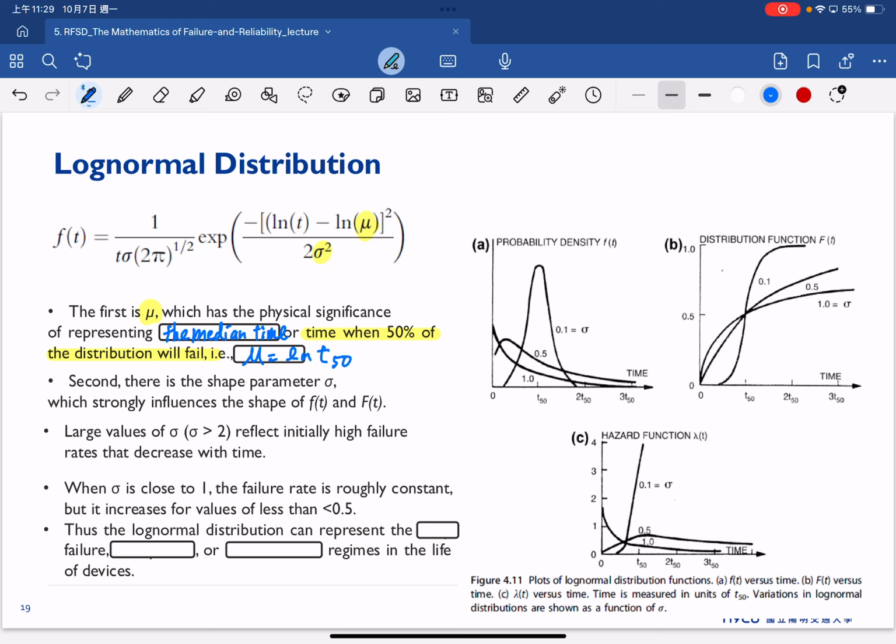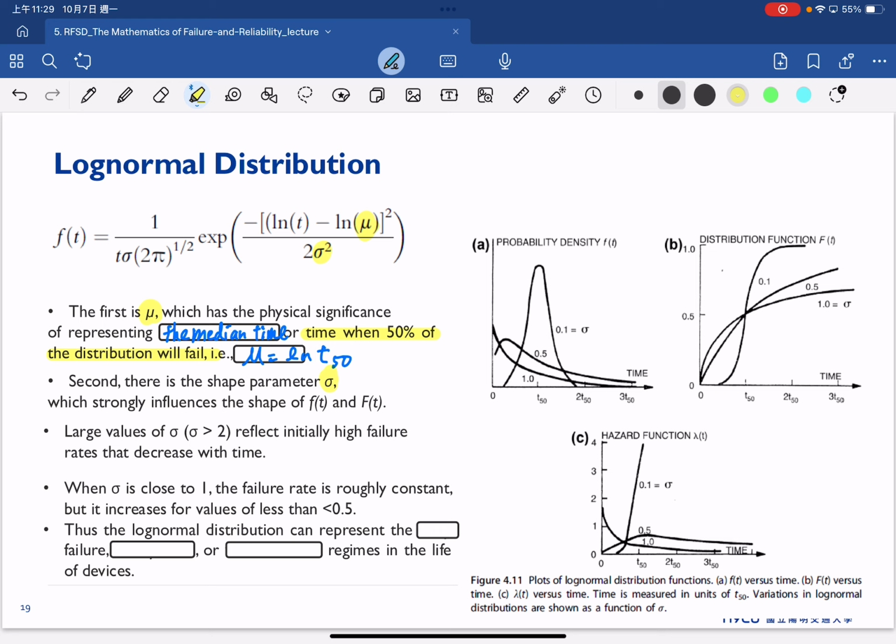And secondly, there is a shape parameter, sigma, which will strongly influence the shape of the small f(t) and then the capital F(t) here.